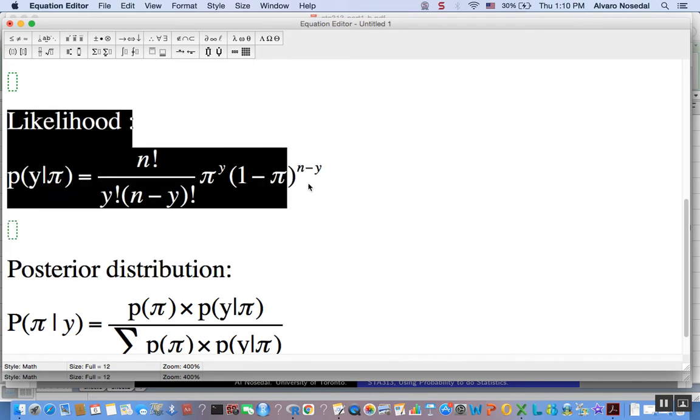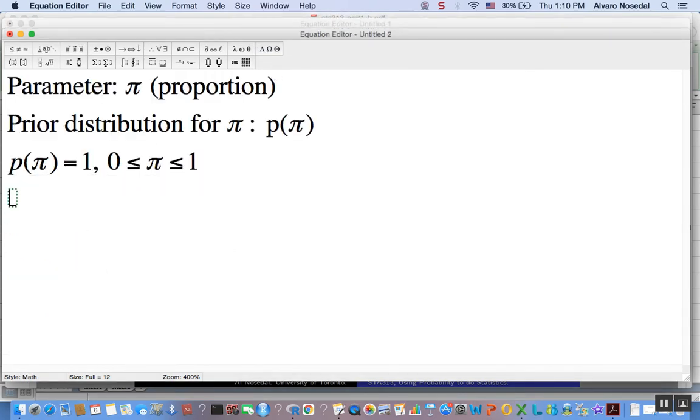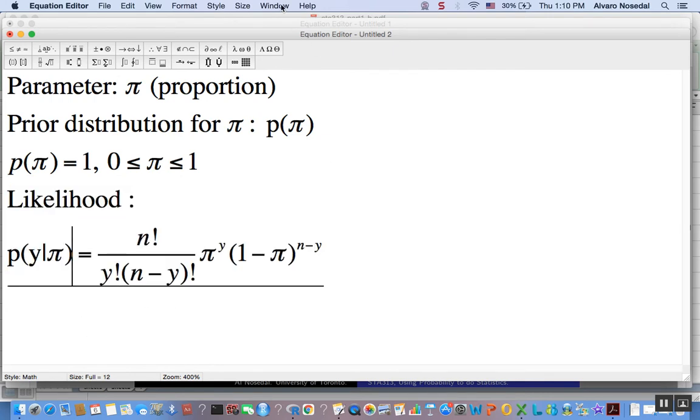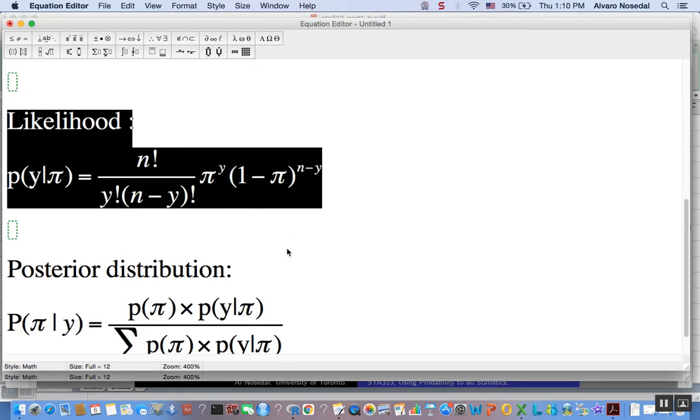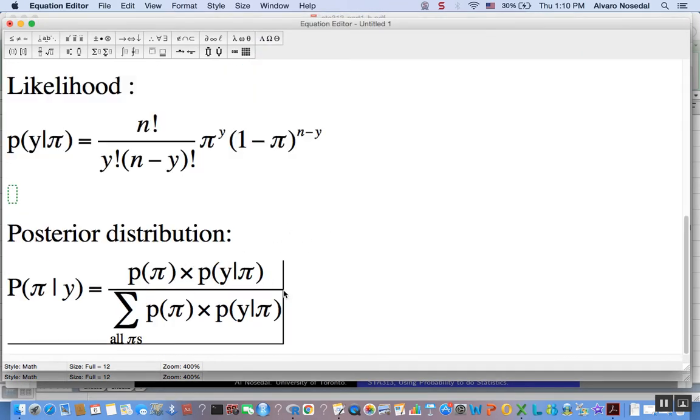So let me copy this. The likelihood is going to be the same as it was before, the other ingredient. Now take a look at this. Let me call this the numerator.